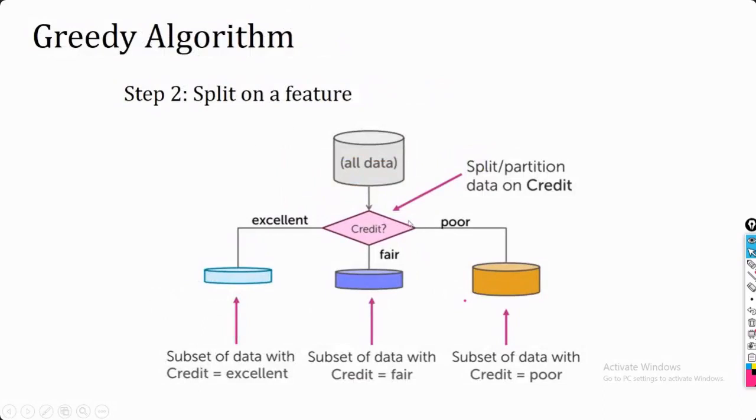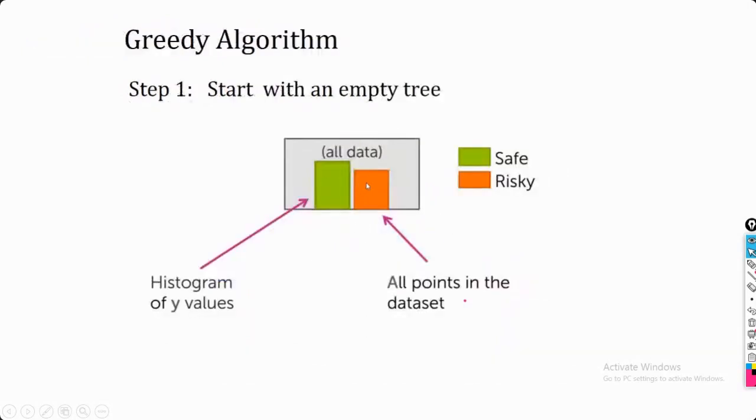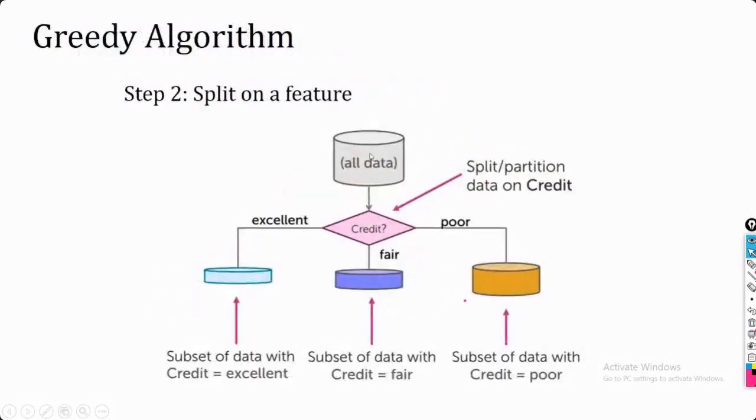Now suppose you have selected credit as your attribute. Credit has the values excellent, fair, and poor. Suppose, for example, you have all 40 data points at this place.